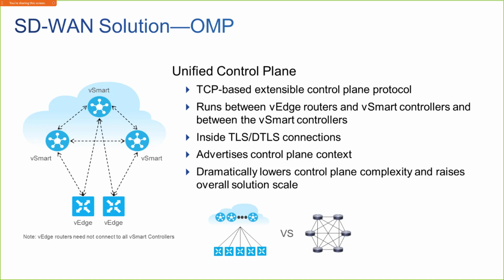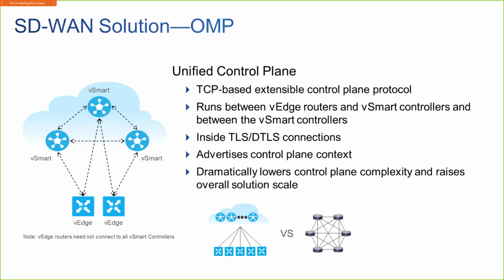So it's very, very scalable. It gets rid of, again, that N-squared concept that we talked about with IKE-based IPsec networks. It's really the underlying control protocol that allows this communication.